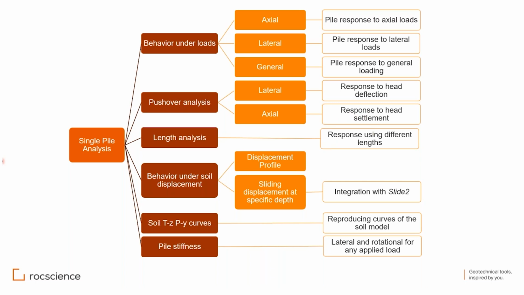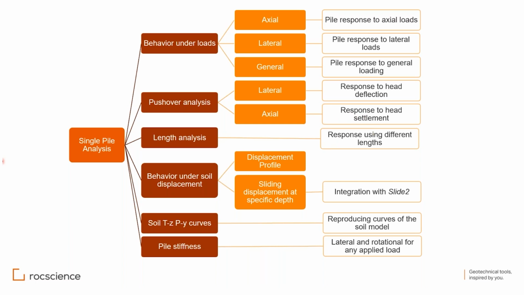The single pile analysis also has length analysis, so different lengths give you different behavior. There is also the behavior under soil displacement, which is usually important in slope stability analysis, and it's integrated with Slide2.